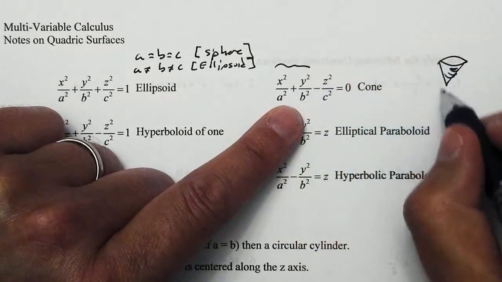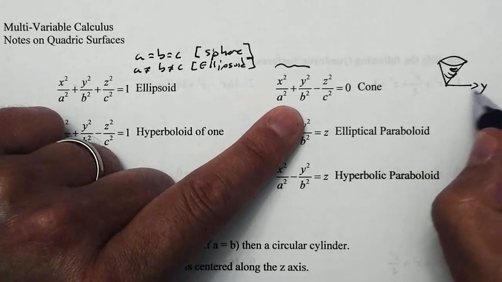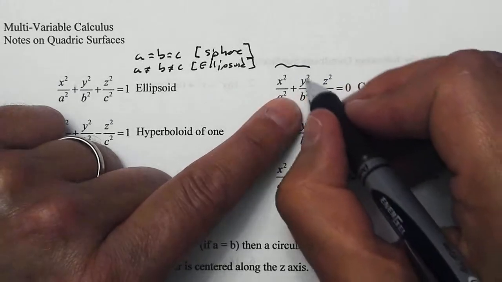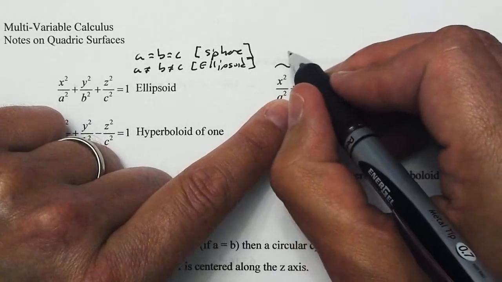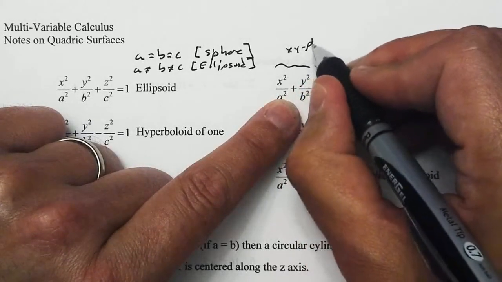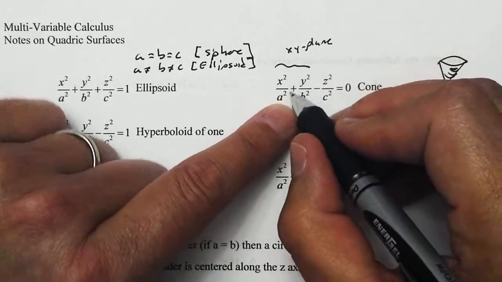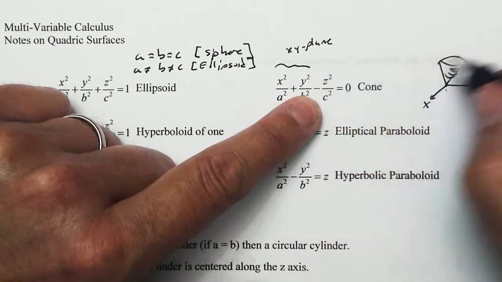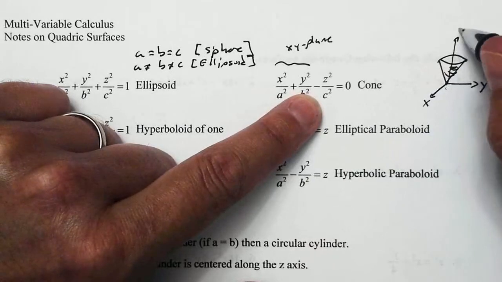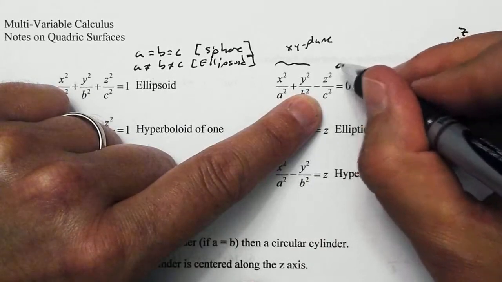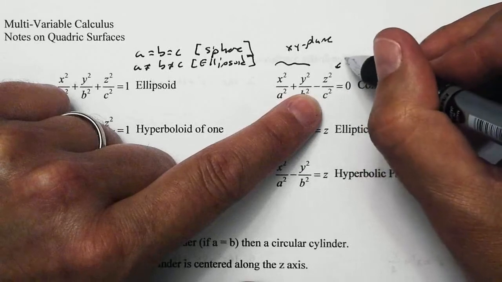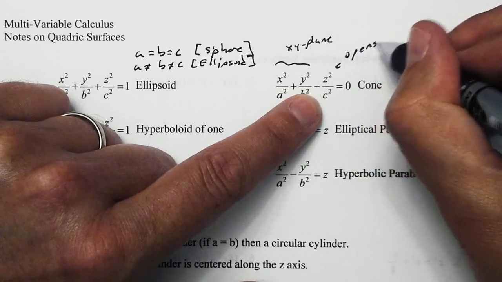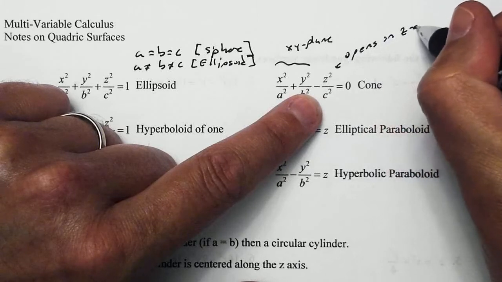So for example, if here's my cone, there's my y-axis, and there's my x-axis, this opening is going to be parallel to the xy plane right there. We can tell because the x and y go first. Now, it's going to open up on the z-axis. So that's where this opens up at.